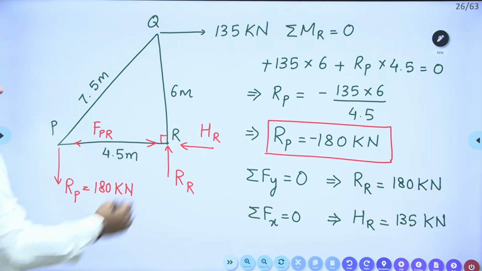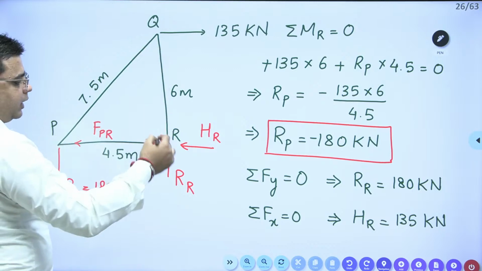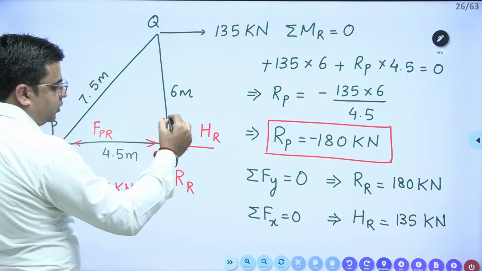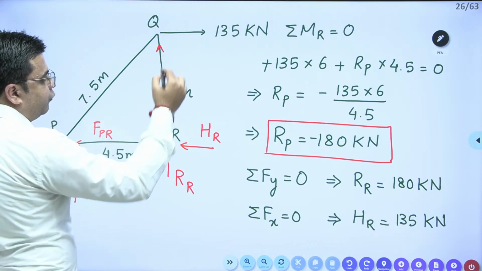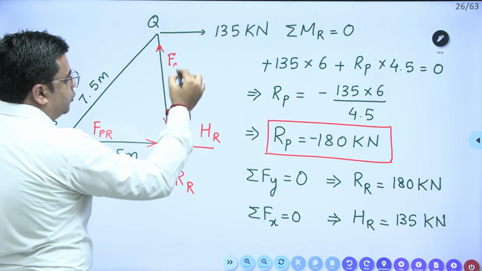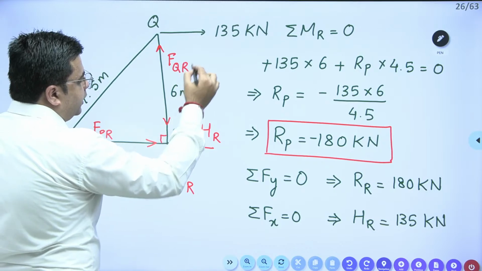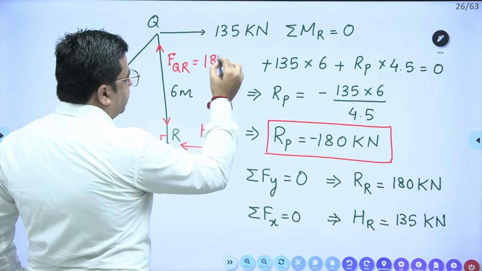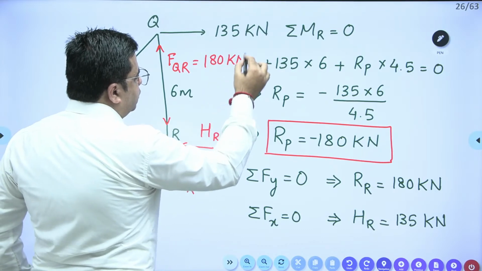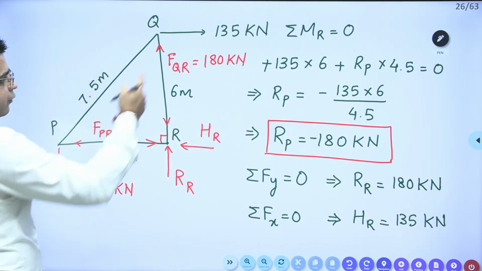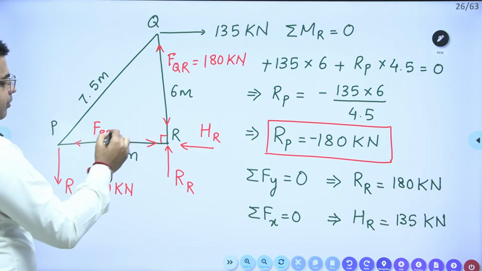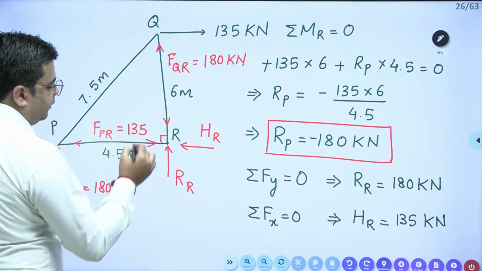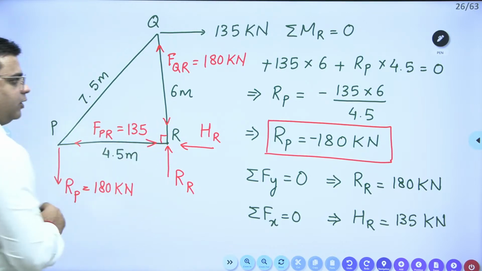Similarly, the force in member QR will be equal to the reaction force RR, which is 180 kilonewton, and it is compressive in nature. So we know two member forces: QR is 180 kilonewton and PR is 135 kilonewton.